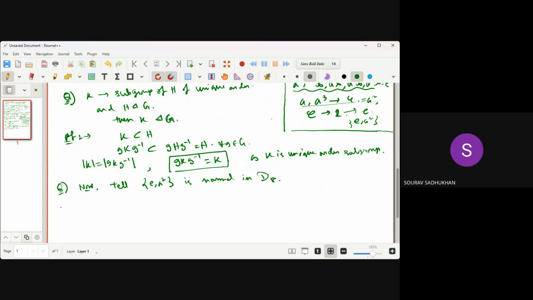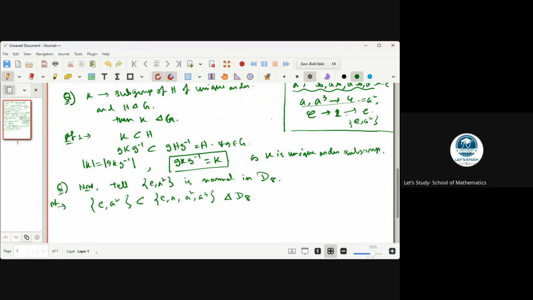Identity comma square is a subgroup of the group generated by A, of unique order 2, and that group is normal in D4, I mean D8. Exactly.